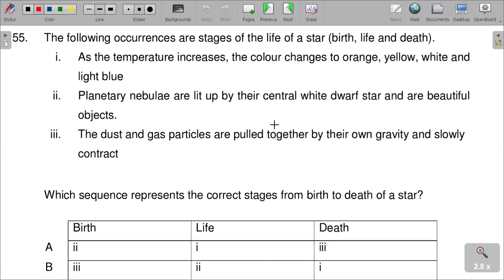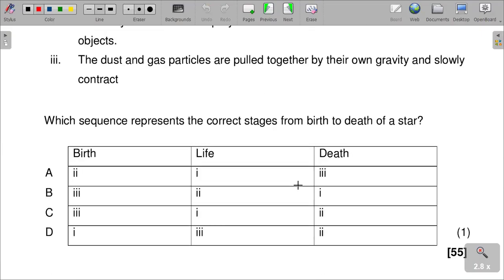Dust and gas particles are pulled together by their own gravity and slowly contract. And the question is saying which sequence represents the correct stages from birth to death of a star?